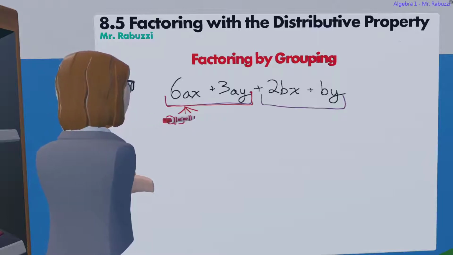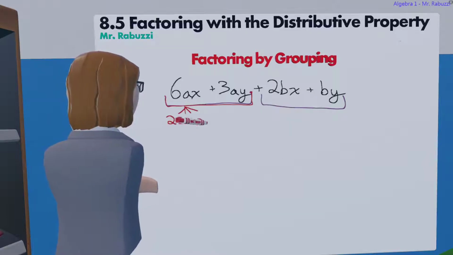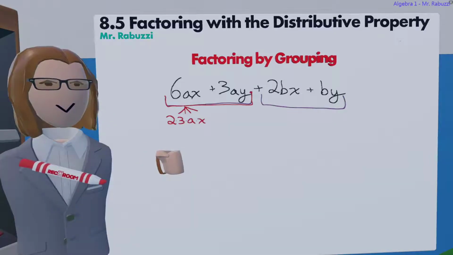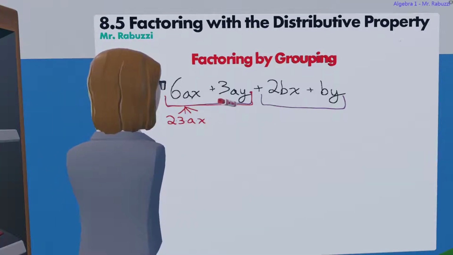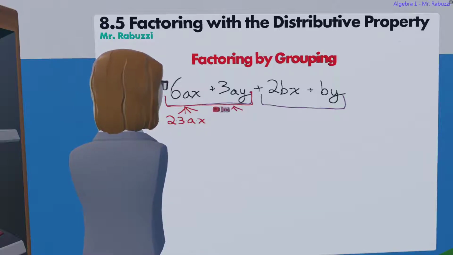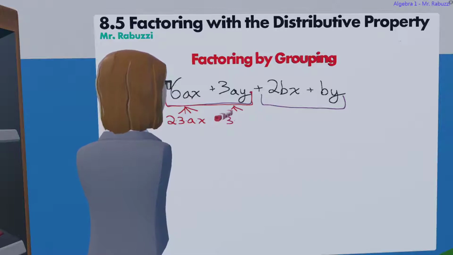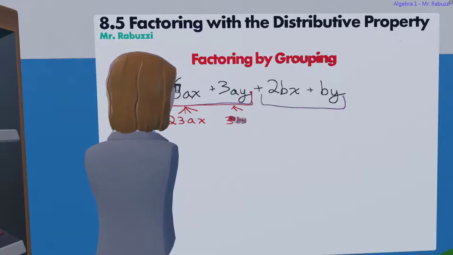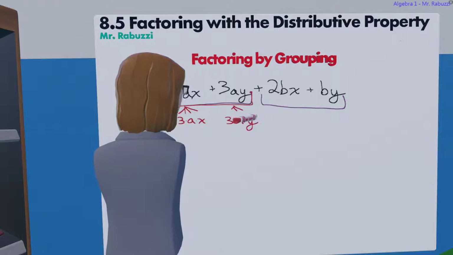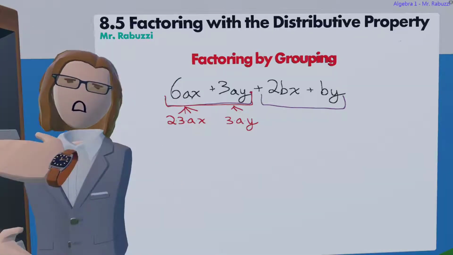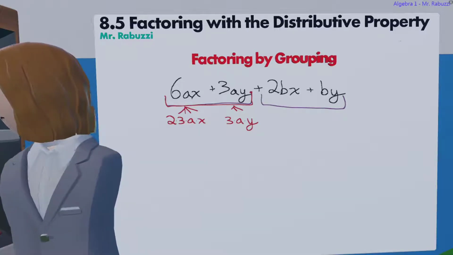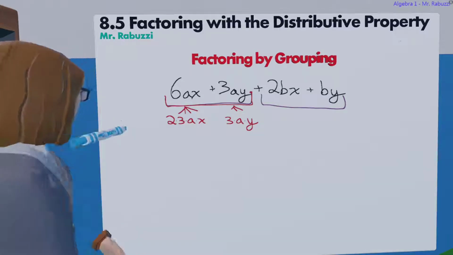Then we've got an a and an x. Okay? 3ay. That will factor into 3 terms. 3 is already prime, so that goes in our factors. Then an a, and then a y. So we're going through the same steps from the last board. We factor it, and now we look for a GCF.